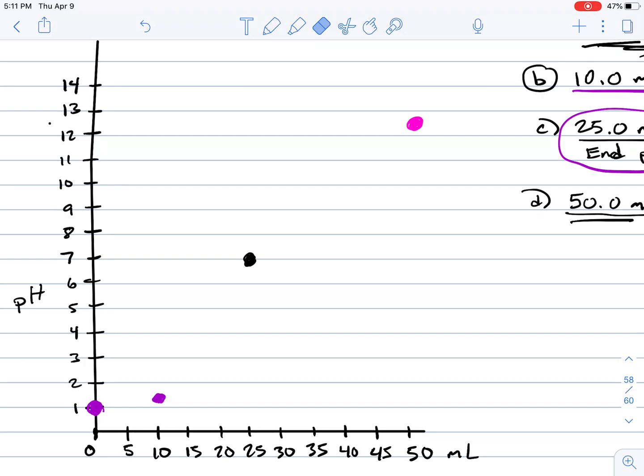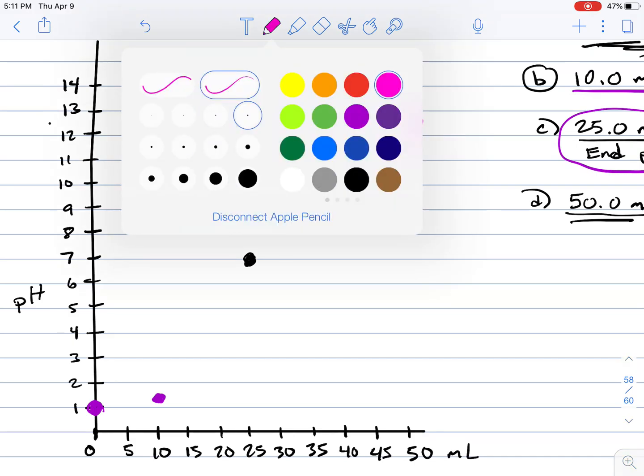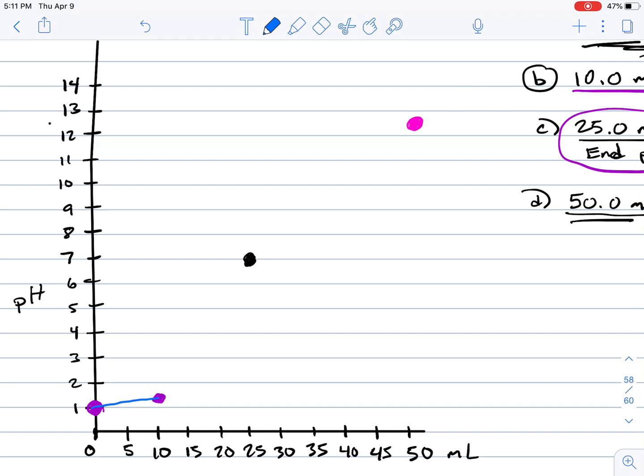To sketch our titration curve, we're going to sketch this way. There isn't a more exact method, but since we're just sketching, as we approach the endpoint, we're going to start curving our titration curve so that it is vertical.